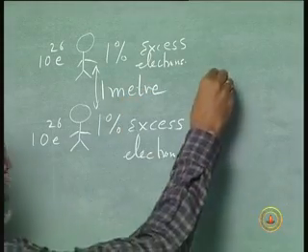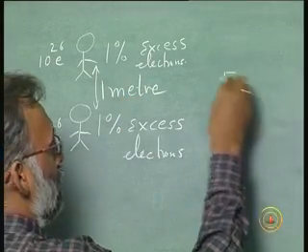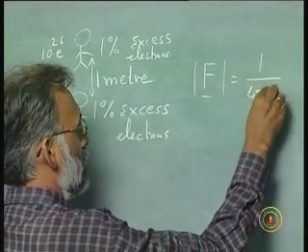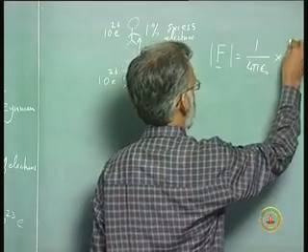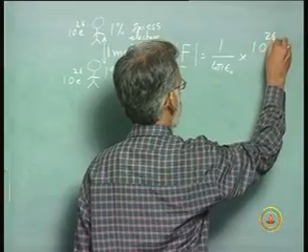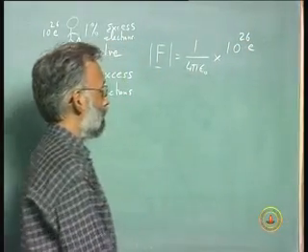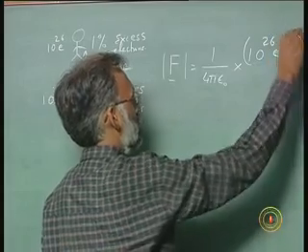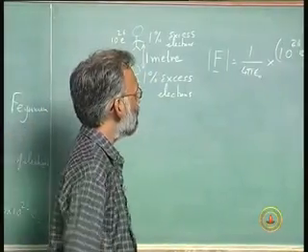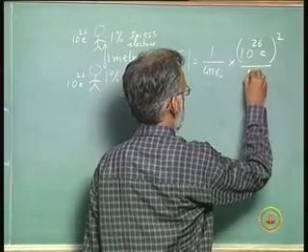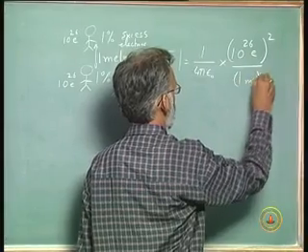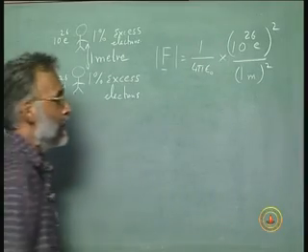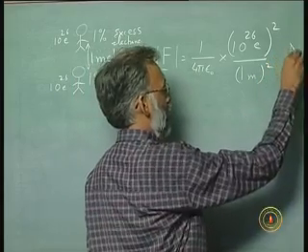So, we will say that the force magnitude is equal to 1 over 4 pi epsilon 0 into 10 to the 26 times the charge of the electron whole squared, because both of them have the same charge, divided by the distance, which is 1 meter whole squared, and this force should be newtons.